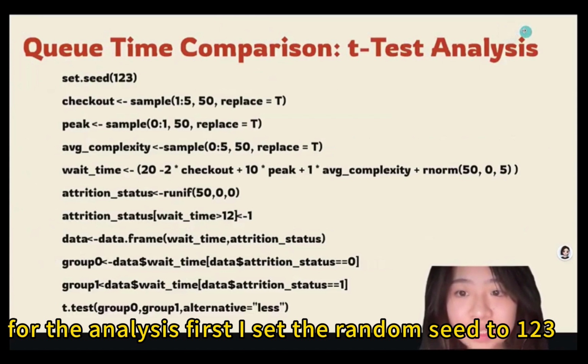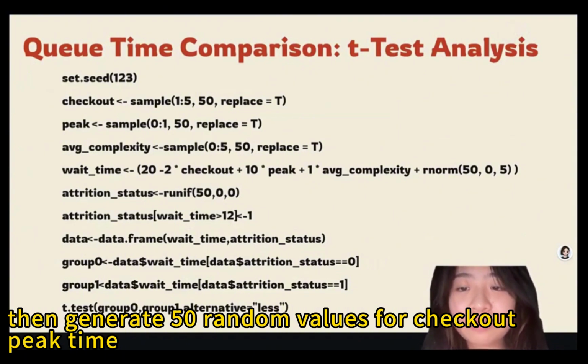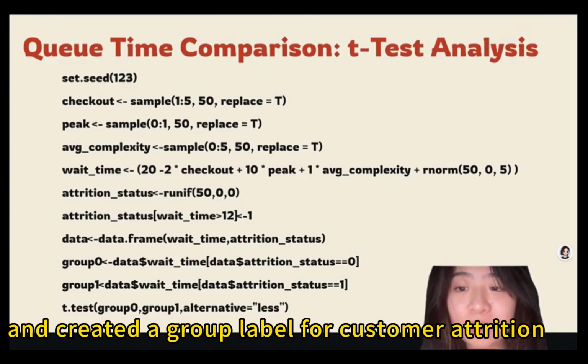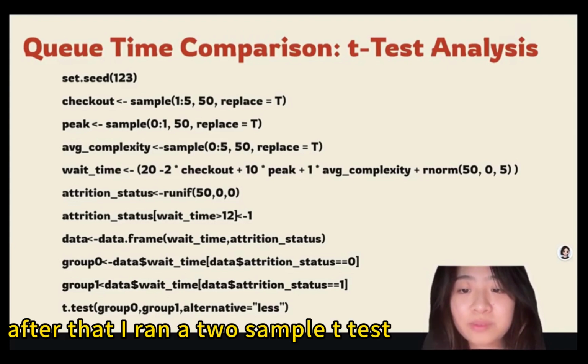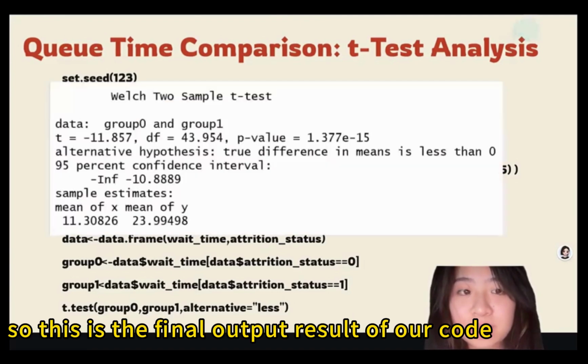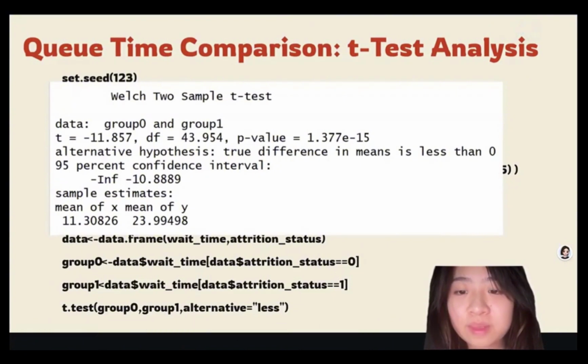For the analysis, first I set the random seed to 123. Then I generated 50 random values for checkout, peak time, and complexity, and created a group label for customer attrition. After that, I ran a two-sample t-test to compare waiting times between retained and lost customers. So this is the final output result of our code.